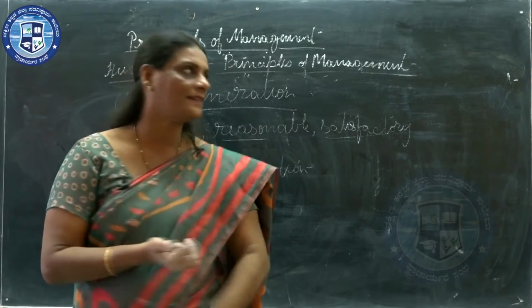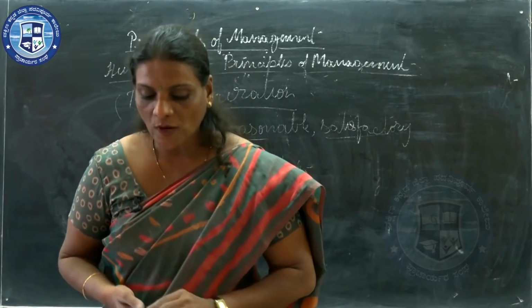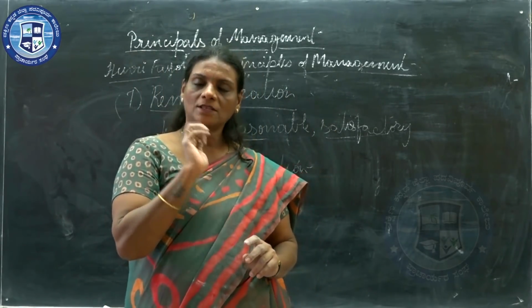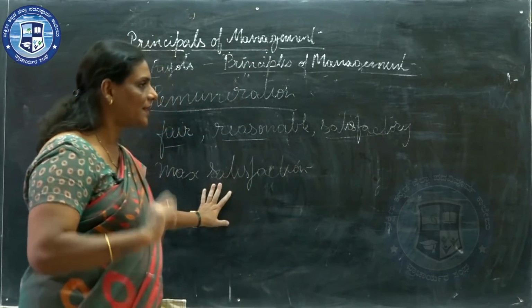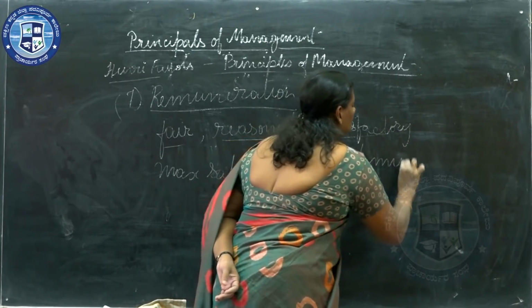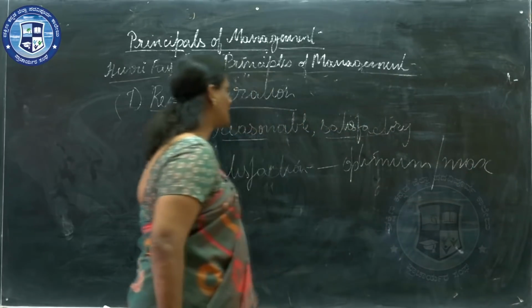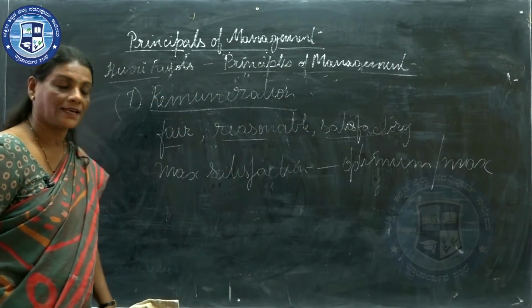So, if that has to be there, he should be remunerated in the best way. If he is satisfied with the remuneration he is getting, he gives out his optimum or maximum.